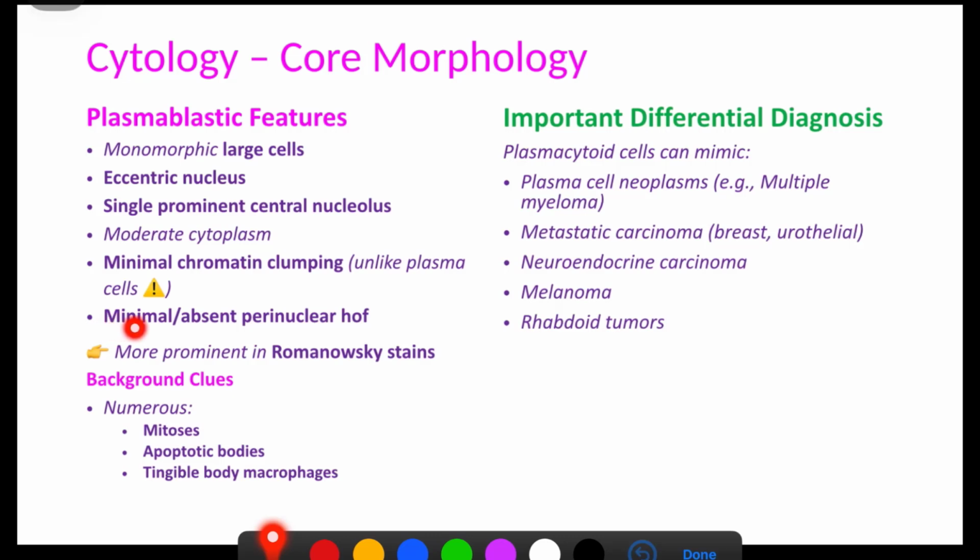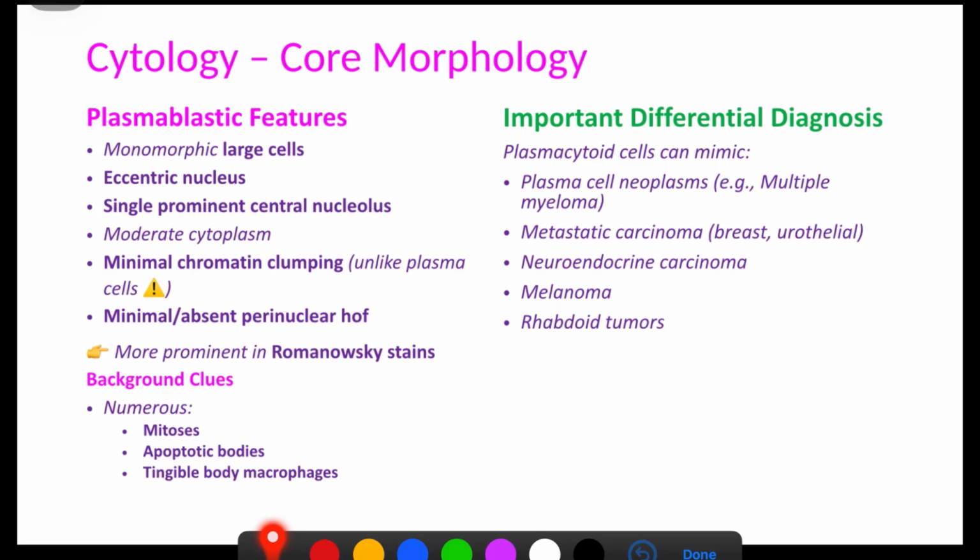Second, there is absent or minimal perinuclear hof. This is how you can differentiate it from plasma cells. It is more prominent in Romanovsky stains. Background shows numerous mitoses, apoptotic bodies and tingible body macrophages.